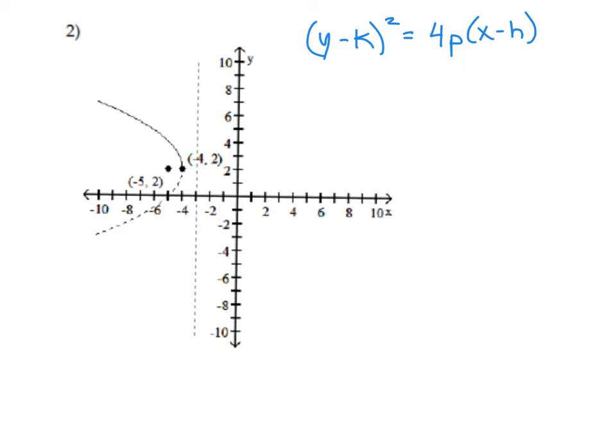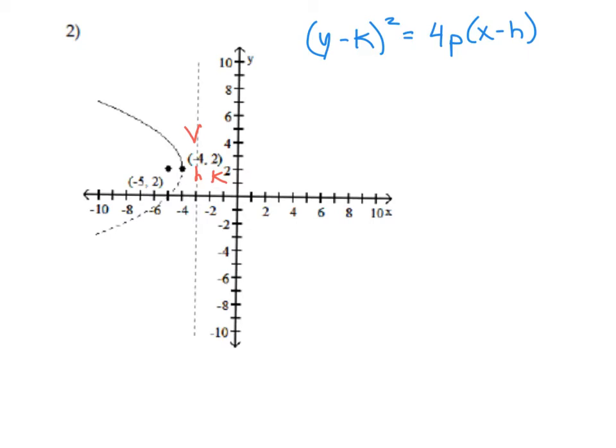This one is left-right, sideways, so I'm using the equation that begins with the y squared. Now the next thing I'm going to look at is on my diagram, what's the vertex? I see that the vertex is the point (-4, 2). So that's going to be my h and my k for my equation.